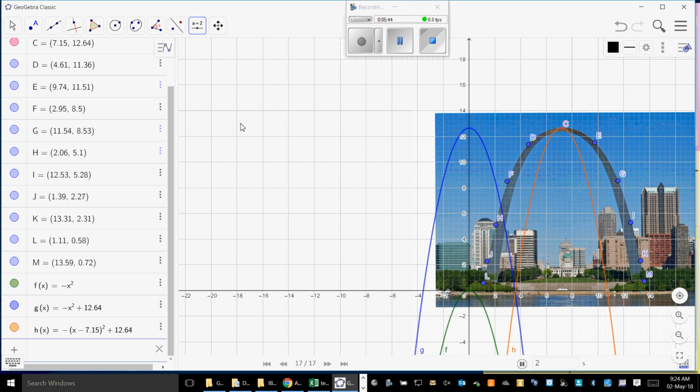What are the variables we're looking at here? X and Y. What does X represent, what units does it have? Yeah, meters, it's the width between the base of the thing. And here, this is meters, this is my height of the parabola, okay? So you need to make sure that you're mentioning that.